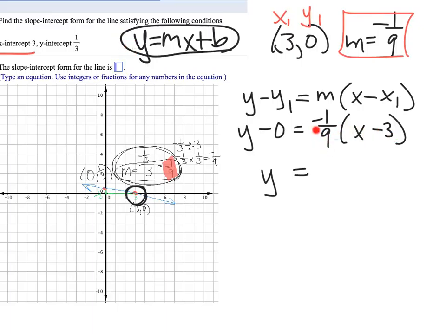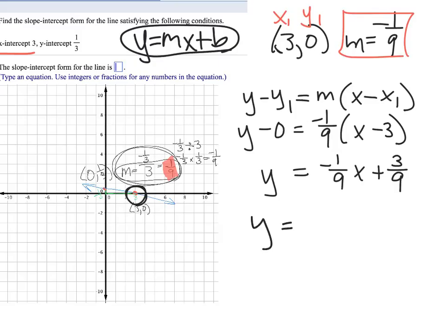So now we just have to use the distributive property here. And the distributive property becomes negative 1/9 x. And then I want you to think of this as negative 1/9 times negative 3. So that becomes positive 3/9. Now that is the answer, but my math lab would mark you wrong because the y-intercept here can be simplified or reduced.